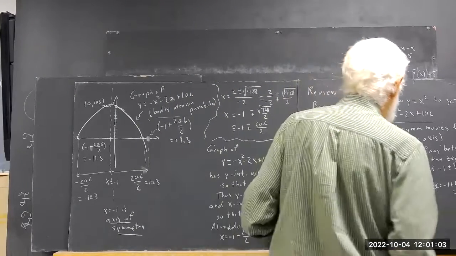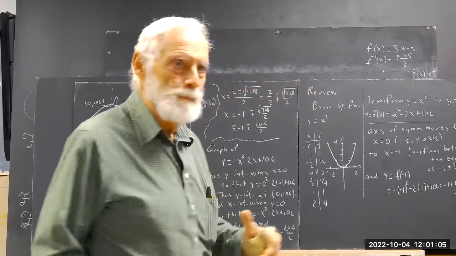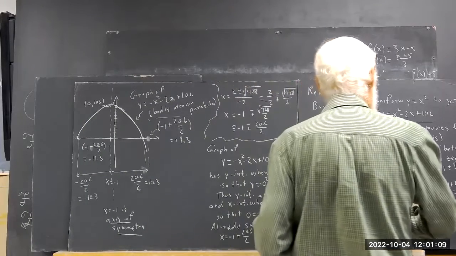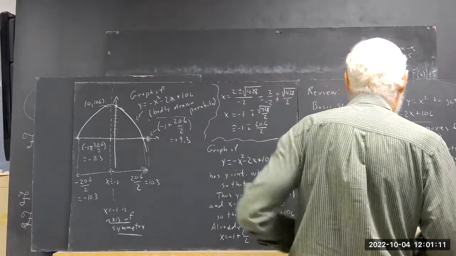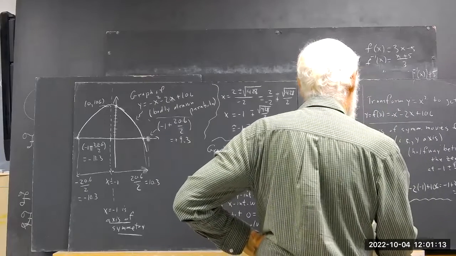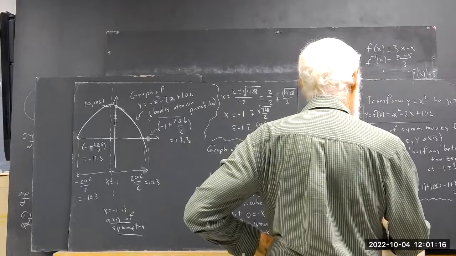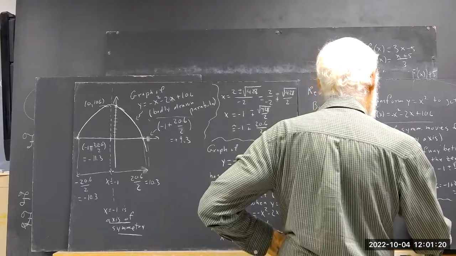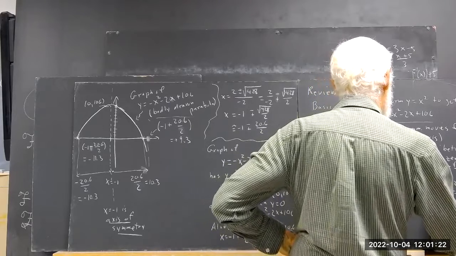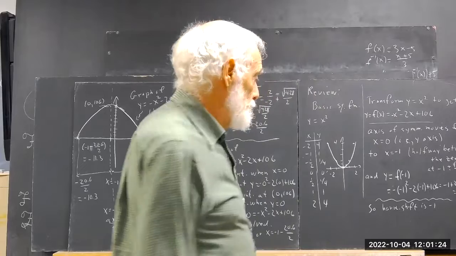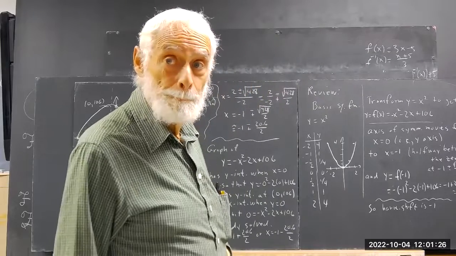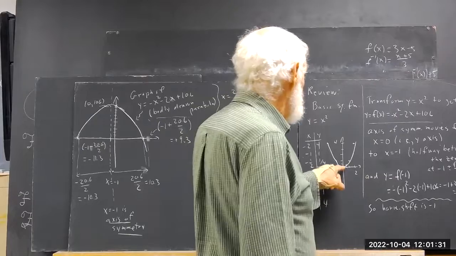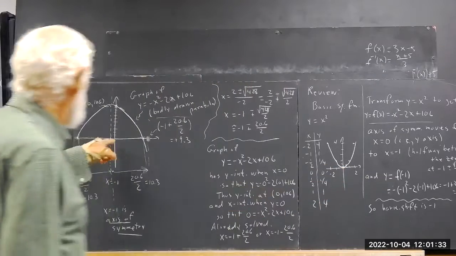Okay, well, what does this tell you about this function? Horizontal shift is -1, right? Because the vertex had to go from here over to -1.